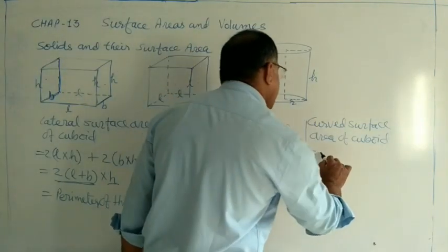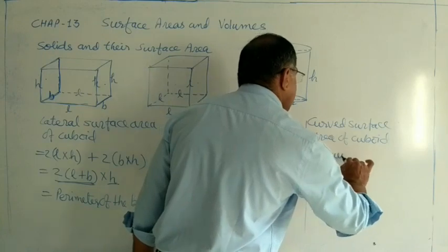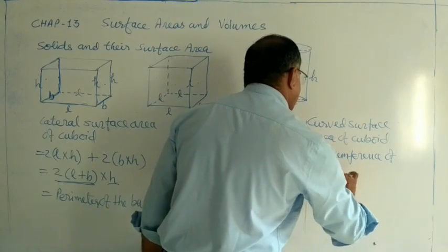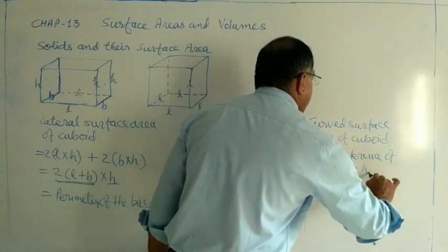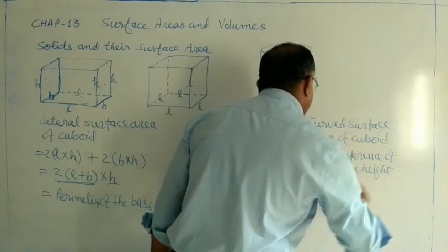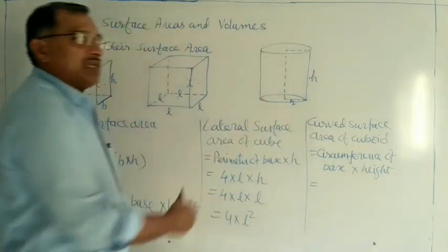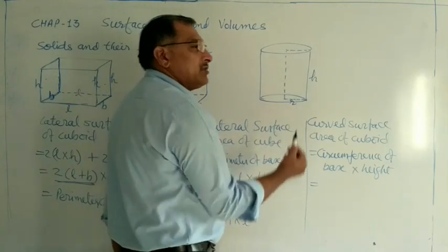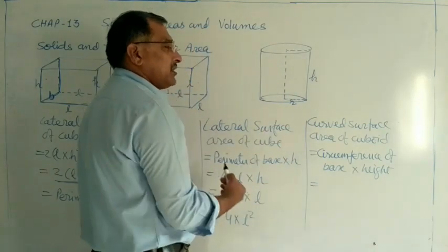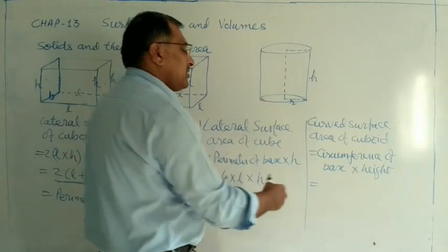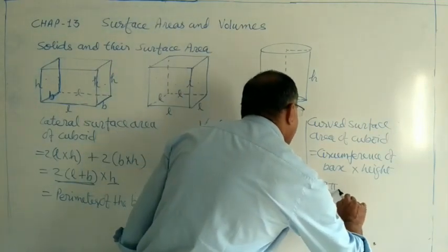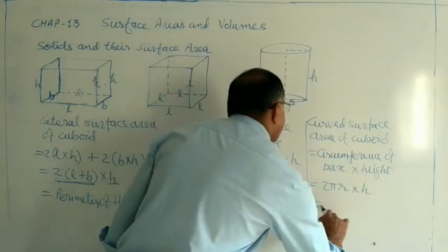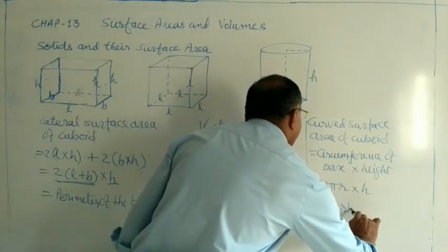Here the base is circular, so we say circumference of base multiplied by height. As it is a circle, we already studied the perimeter of the circular base, that is, the circumference of the circular base is 2 pi r, multiplied by the height of the cylinder h, and so we get 2 pi r h.